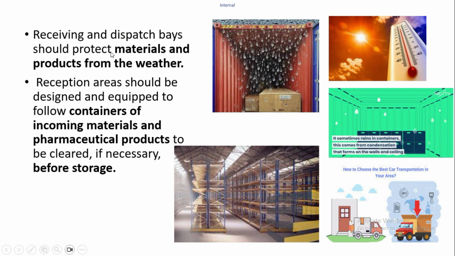Next is receiving and dispatch bays, which should protect materials and products from the weather. Reception areas should be designed and equipped to allow containers of incoming materials and pharmaceutical products to be cleaned if necessary before storage. As you can see in the picture, whenever we are shifting products from the big container to the storage area, we should properly examine the temperature and the weather around us.